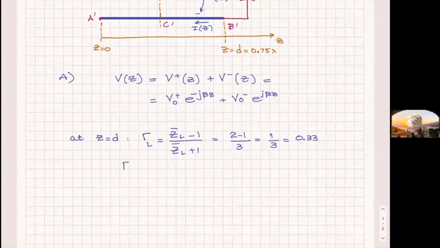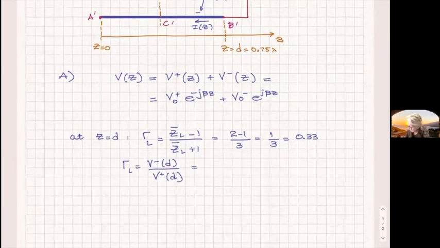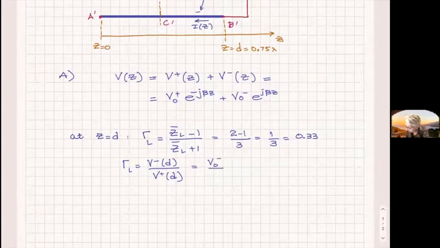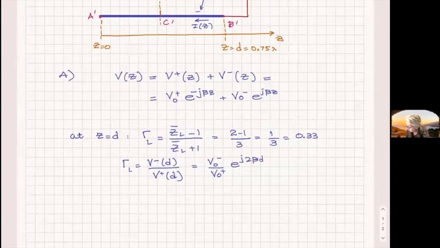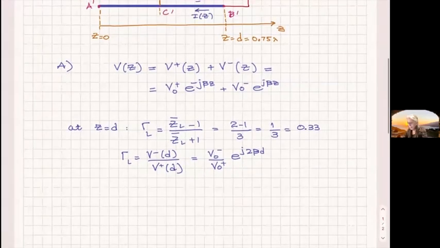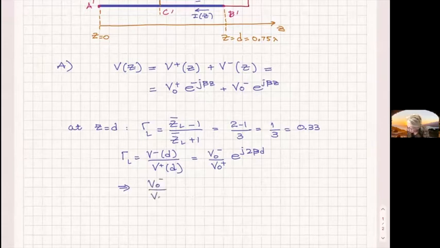Gamma L is nothing else but V minus at D divided by V plus at D. And according to that it is V0 minus over V0 plus times e to the j2 beta D. So when you calculate 0.33, then practically you find from that your V0 minus over V0 plus equals 0.33 e to the minus j2 beta D. So practically you find a ratio between these two, and they are going to be complex numbers, obviously.